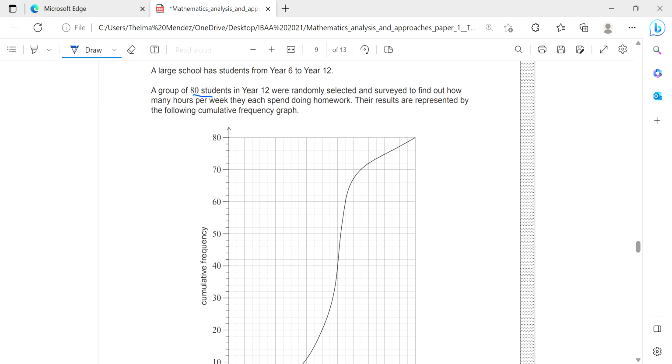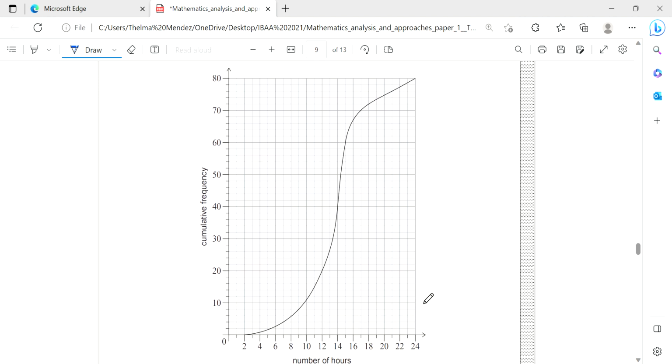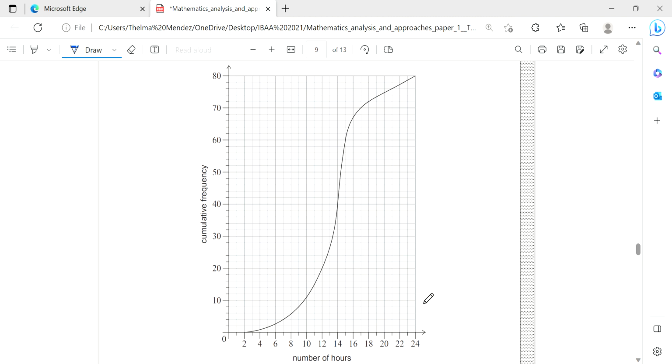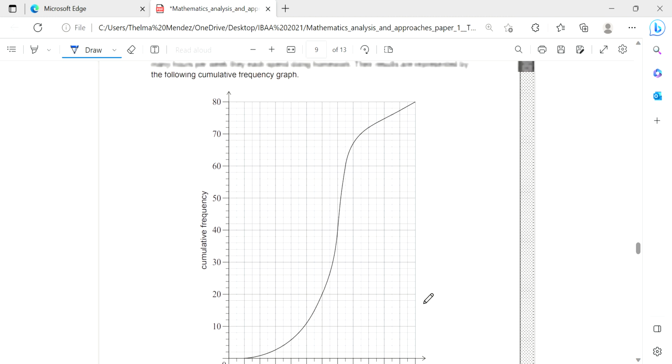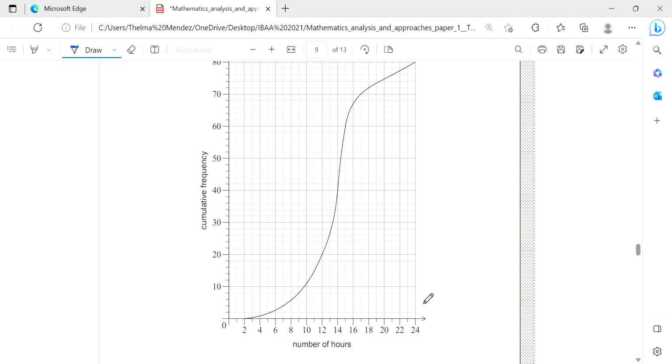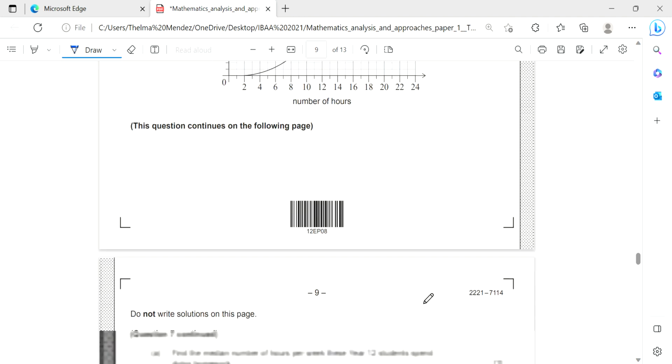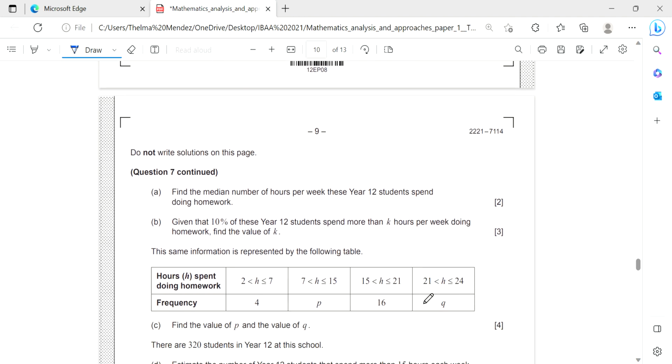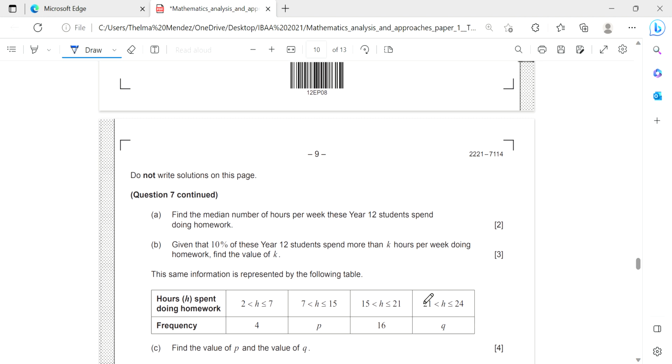The results are represented by the following cumulative frequency graph. On the x-axis, we have the number of hours, and on the y-axis, the cumulative frequency. Find the median number of hours per week these year 12 students spend doing homework.